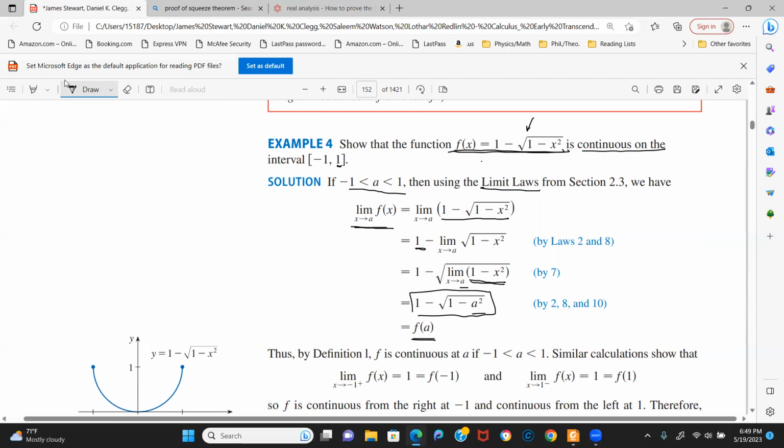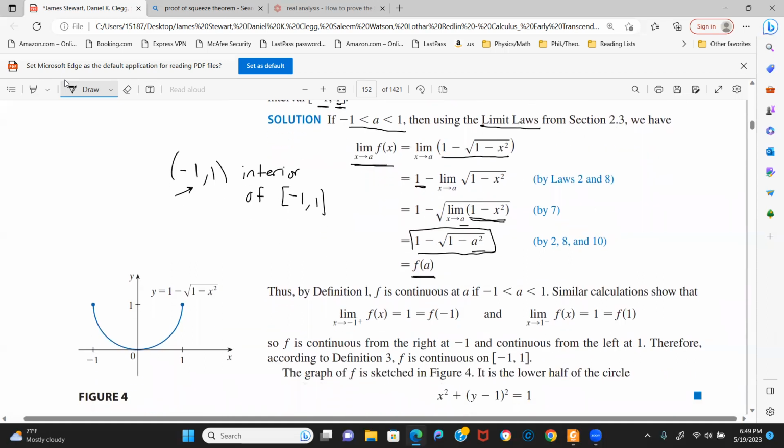And so that gives us continuity on the interval -1 to 1, but we need to check now the endpoints of the interval. This is the interior of the interval -1 to 1, including -1 and 1. So for continuity at the endpoints, we need to take the limit as x goes to -1 from the right, and we could just evaluate that.